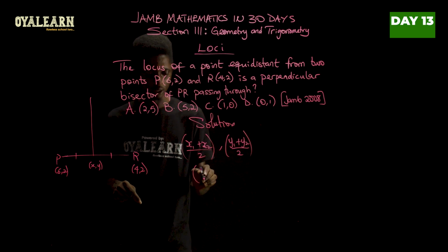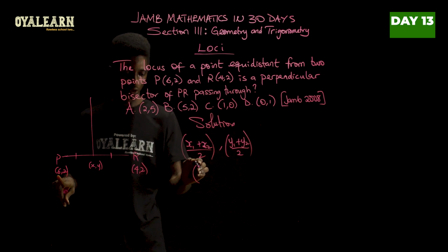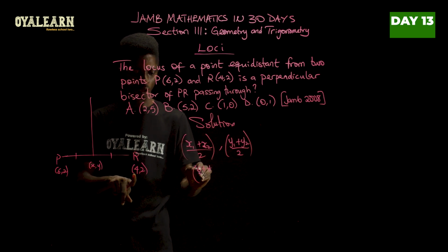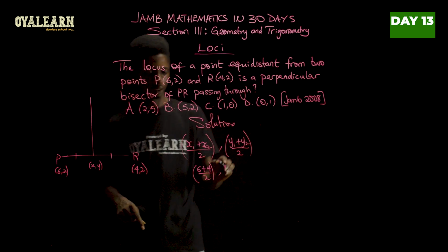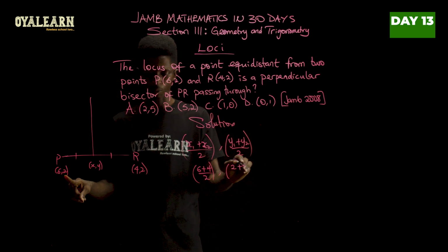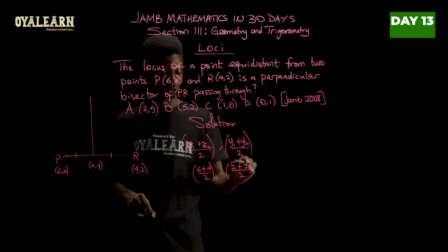Now, this would give us x1. This is x1, so we have 6 plus x2, 4 divided by 2, comma, y1, 2 plus y2, 2 over 2.